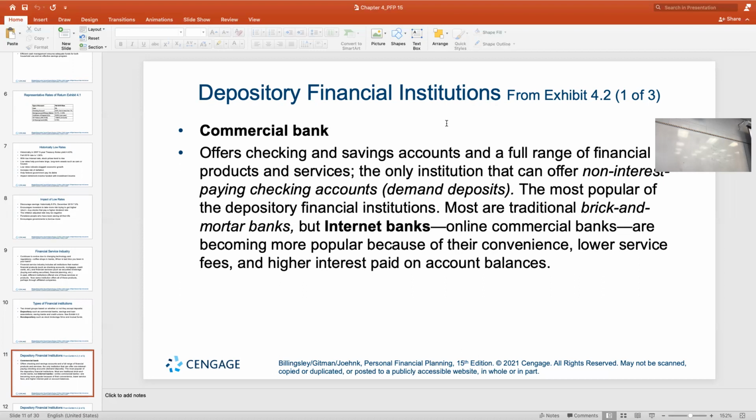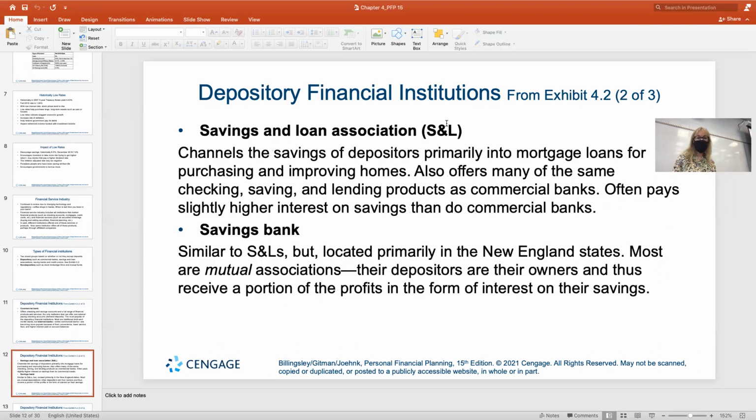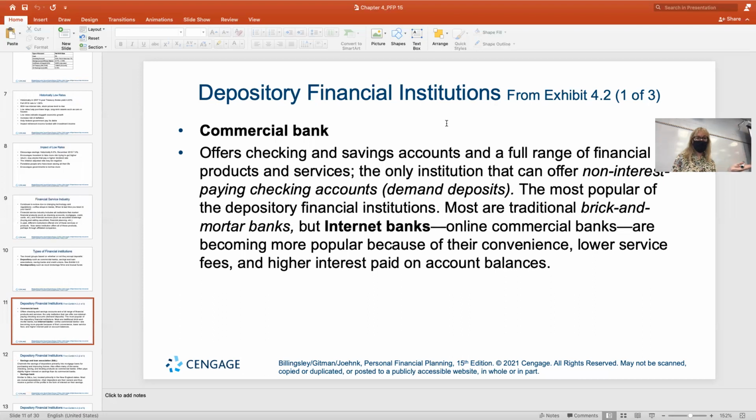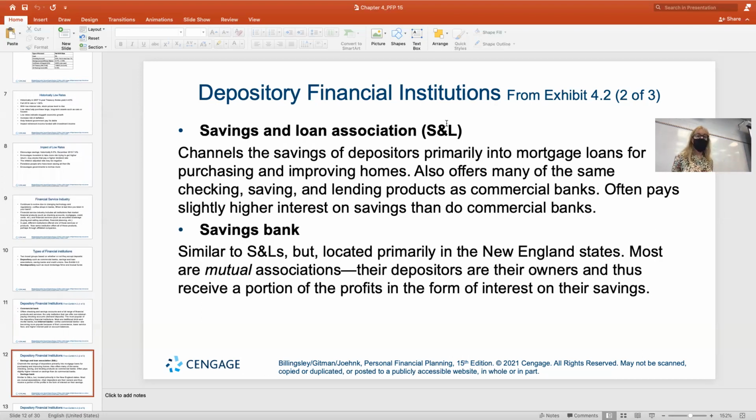We've talked about the internet banks. They will charge lower fees and typically give you higher interest rates. So these depository institutions, the first one is banks, typically charge higher fees. You can also use a savings and loan or a savings bank. The savings bank, just don't worry about this.